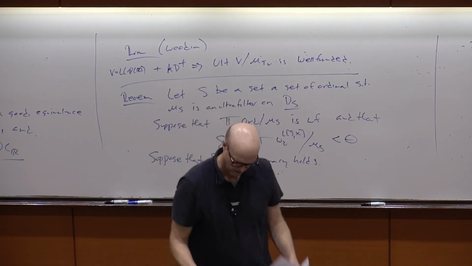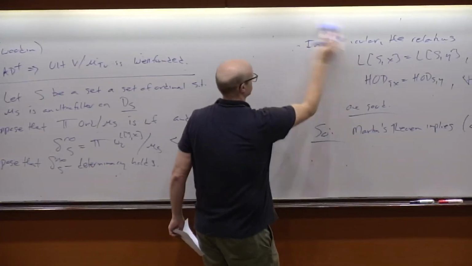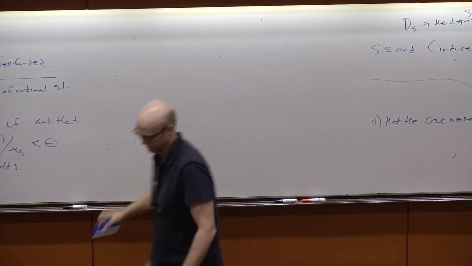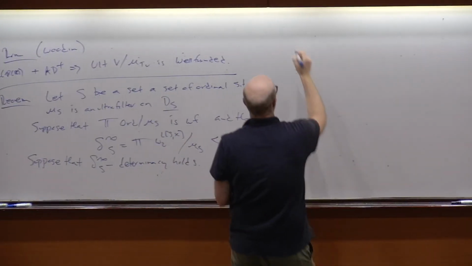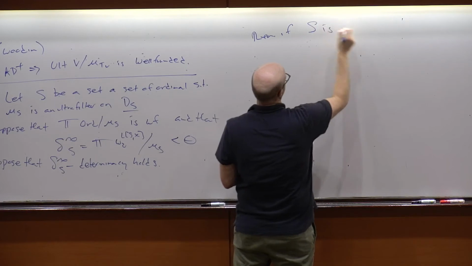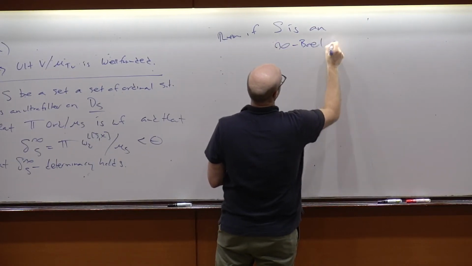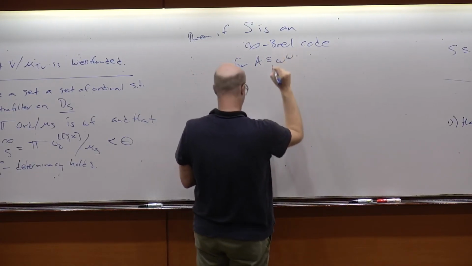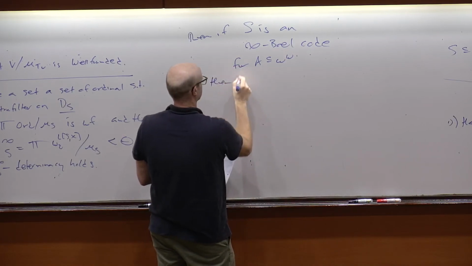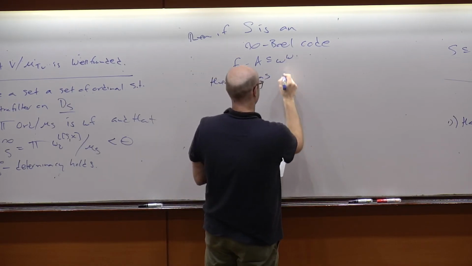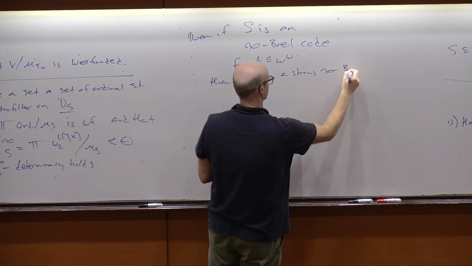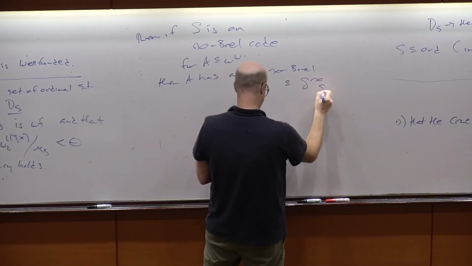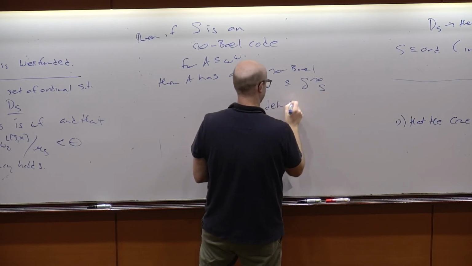Then, all right, if S is an infinity Borel code for a set A contained in the Baire space, then A has a strong infinity Borel code contained in delta infinity S, which is definable from S. I hope I've said it right.